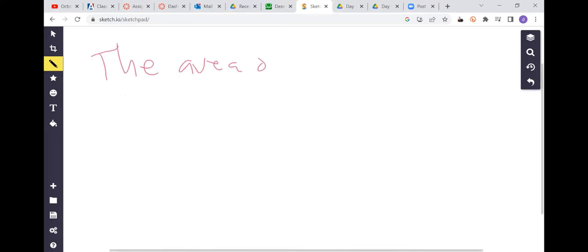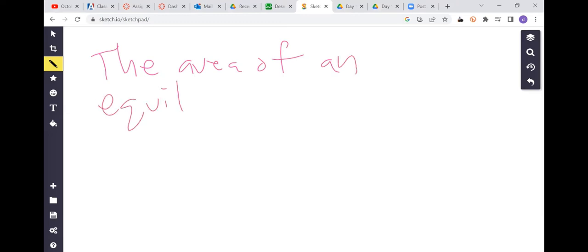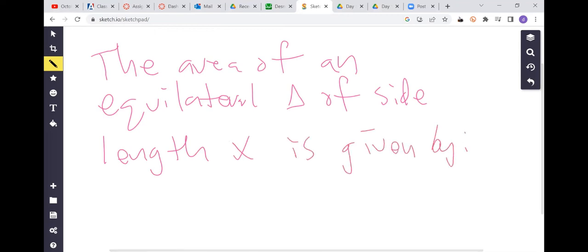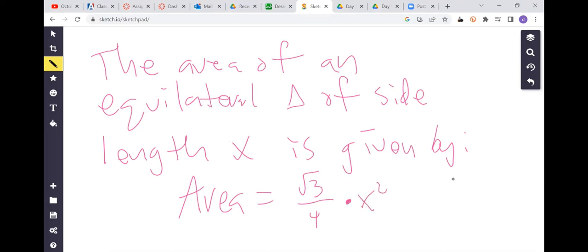The area of an equilateral triangle of side length x is given by area equals square root of 3/4 times x to the power of 2.